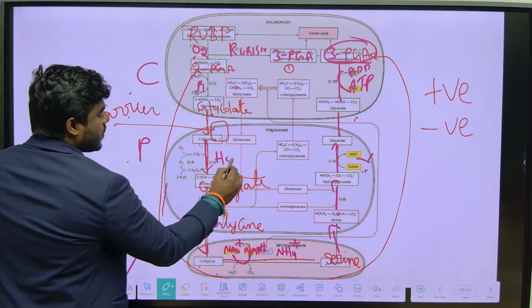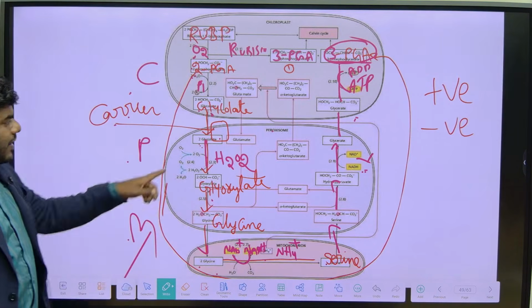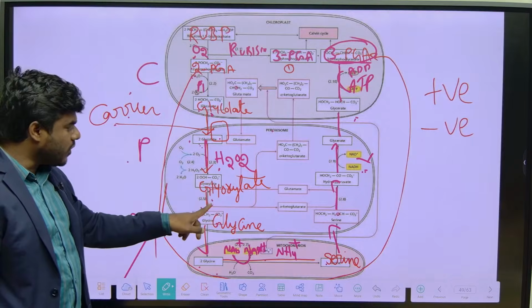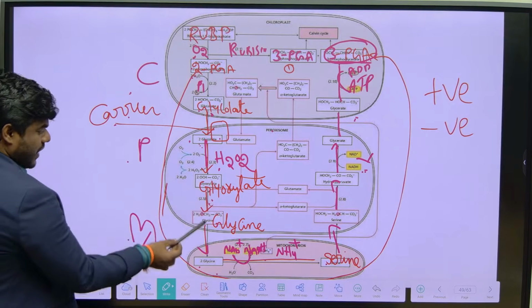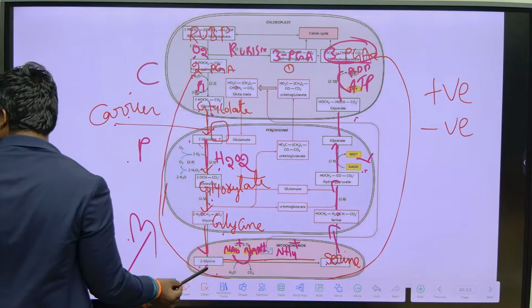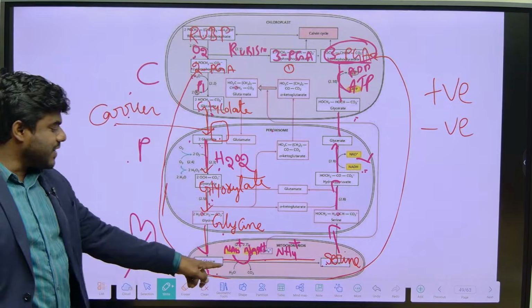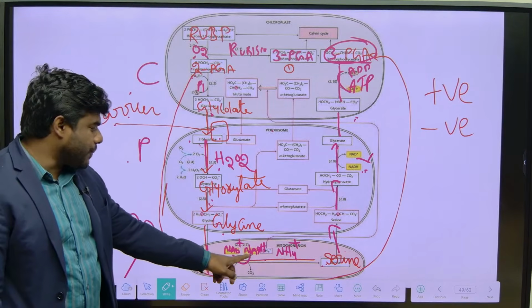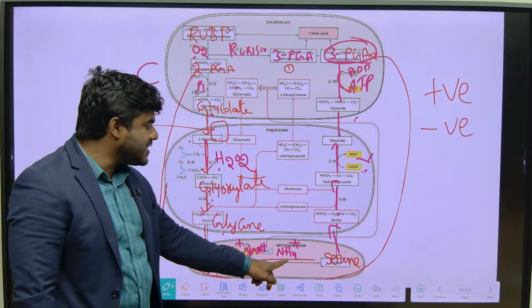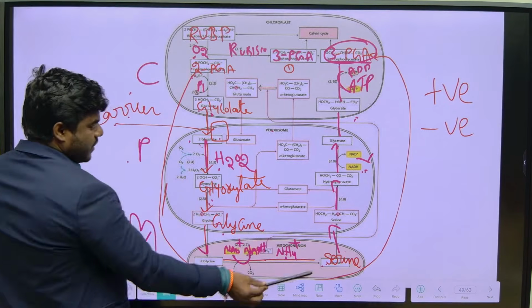Glycolate is converted into glyoxylate upon combining with oxygen, producing hydrogen peroxide. Glycolate combines with O2 and is converted into glyoxylate. Now glyoxylate is converted into glycine. Glycine enters into the mitochondria. Glycine is converted into serine. It is a reduction reaction. There is a production of NADH and there is a release of ammonia. This ammonia's fate we will understand in nitrogen metabolism.